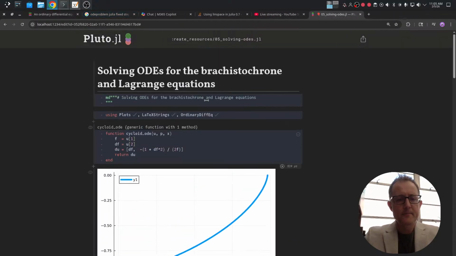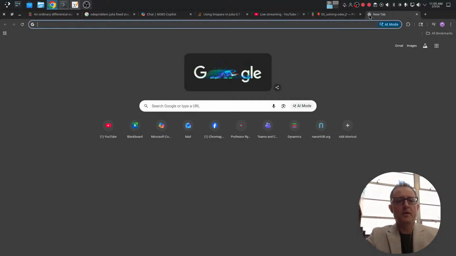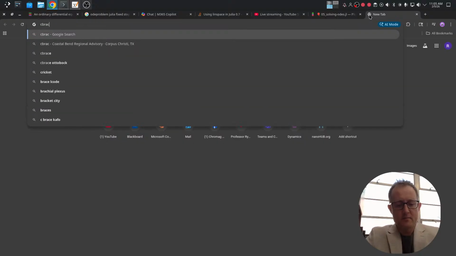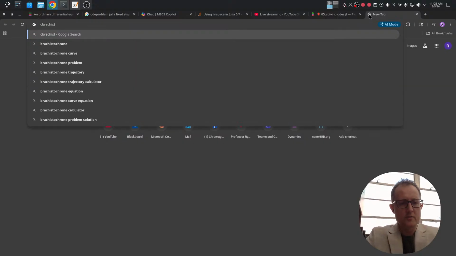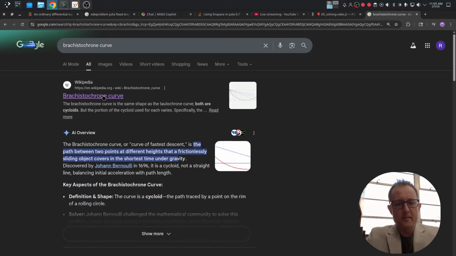Okay, so solving differential equations for this Perkistocone problem. I was running into some issues, partly because with this Perkistocone curve, and there are some cool ideas in the chat as we were talking about stuff.